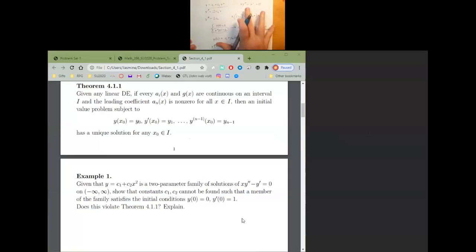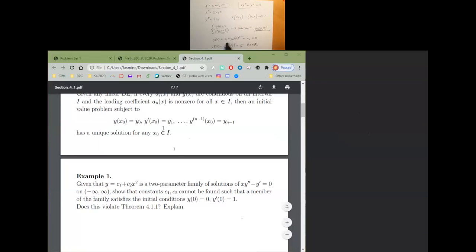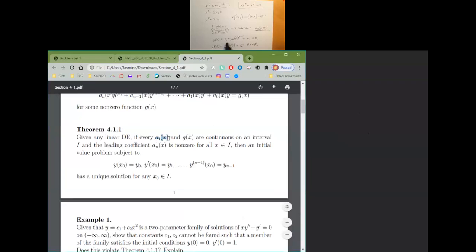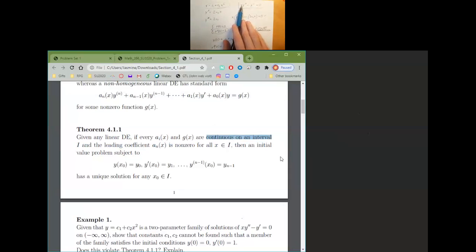So the requirements that we know have to be met here. We know that every a sub i and g of x are continuous on some interval. Well, in this case, these are all, well, not all constants, I guess. This first one is x, right? But that's certainly continuous. It's a straight positive line, right?